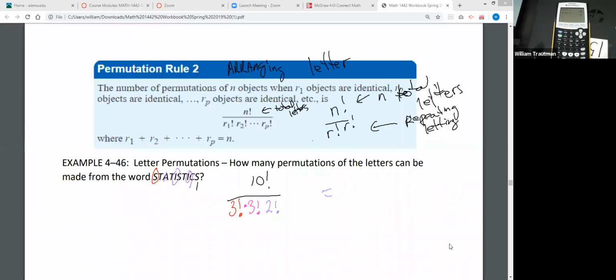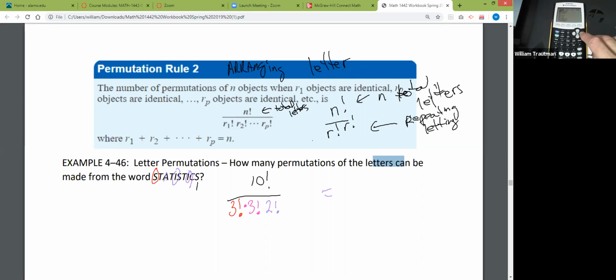On my calculator, we're going to do 10, math, arrow over, permutation, 10 factorial. We're doing 10, math, number 4, 10 factorial divided by, now the bottom.